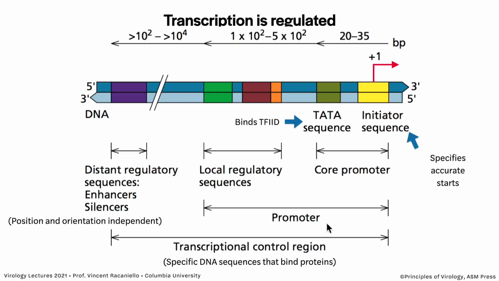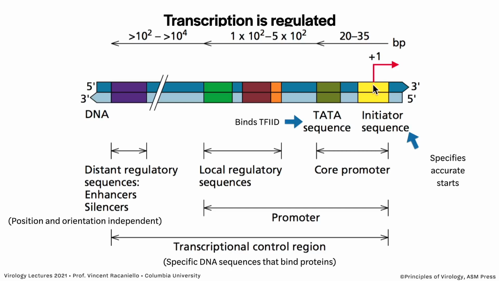So here is an example of a region of the DNA where we can regulate transcription. So here, the red arrow is always where transcription initiates, and that's called +1. So that's where the mRNA would begin. And this whole other region is called the transcriptional control region. It consists of specific DNA sequences that bind a variety of cell and sometimes viral proteins to regulate transcription.